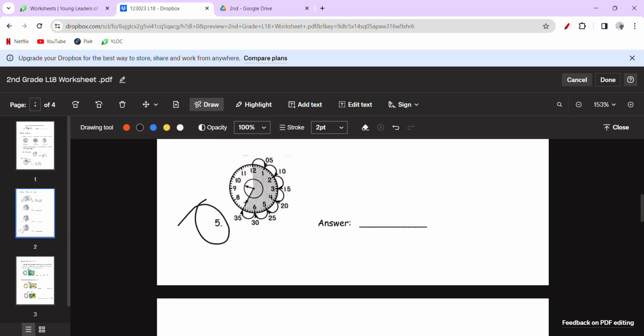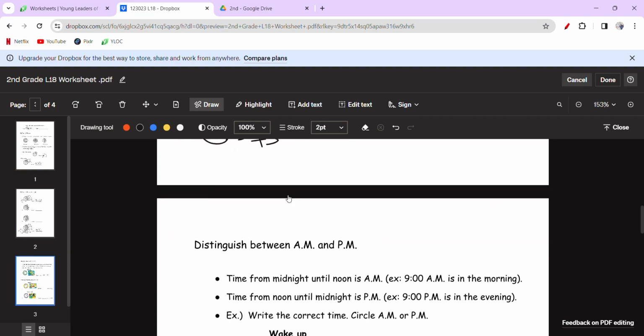The hour hand is still at 9. It's before 10, so still 9. And then the minute hand is at 7, so go 5 plus 5 is 10, plus 5, 15, plus 5, 20, plus 5, 25, plus 5, 30, plus 5 is 35. So your final answer would be 9:35.